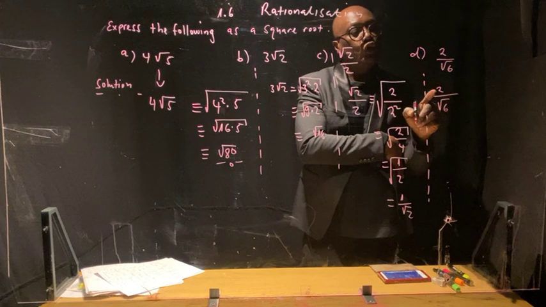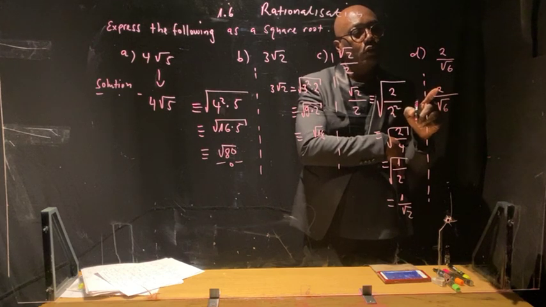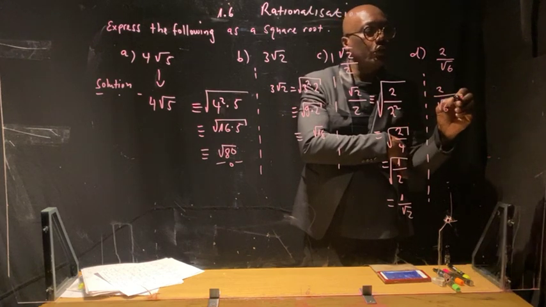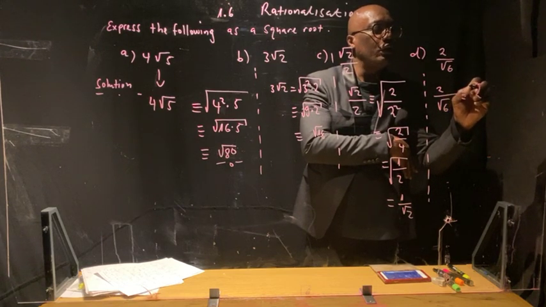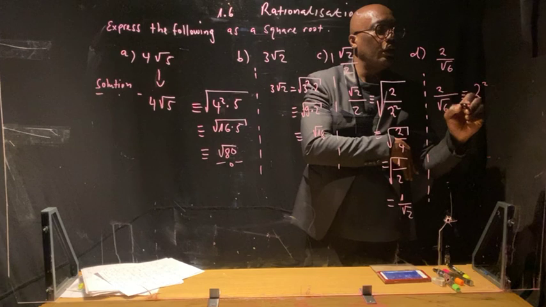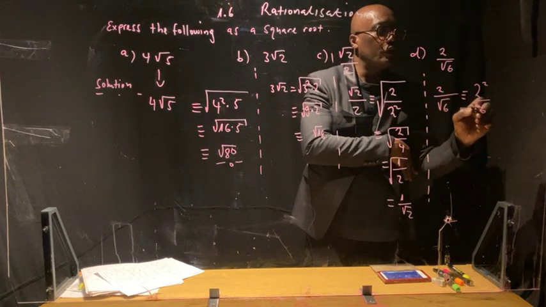I'm trying to cover the 2 also with the square root, so it becomes 2 being forced inside the square root, becomes 2 squared over 6.